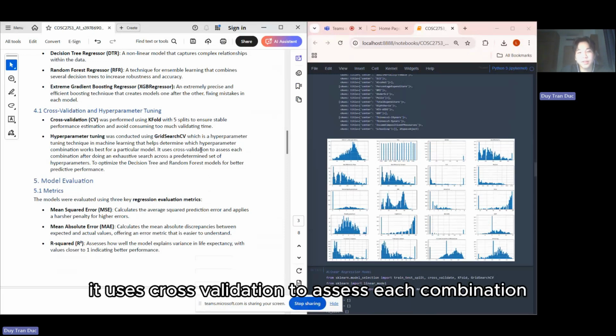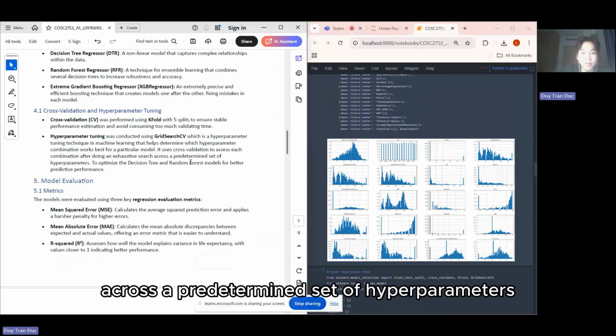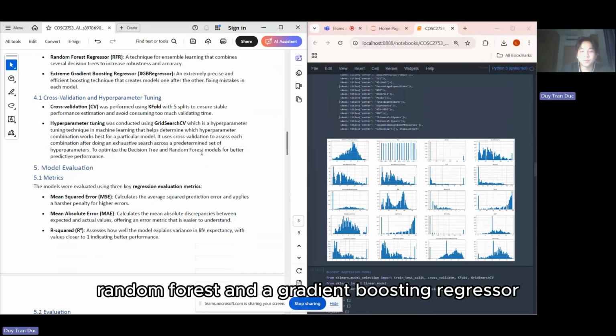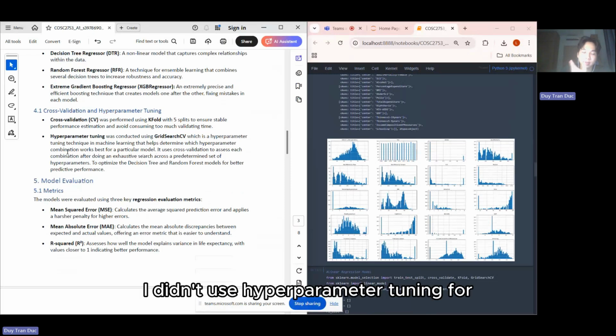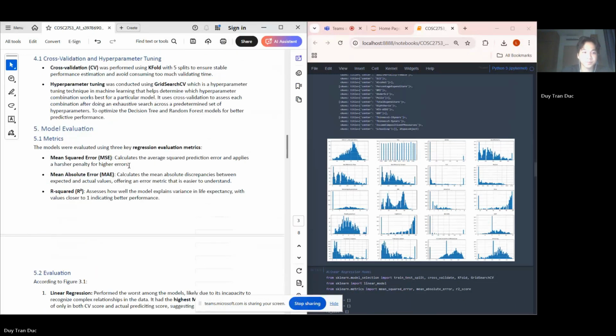It uses cross-validation to assess each combination after doing an exhaustive search across a predetermined set of hyperparameters. These were used to optimize decision tree, random forest, and extreme gradient boosting regressor as they have hyperparameters. I didn't use hyperparameter tuning for linear regression because that model didn't have a hyperparameter.